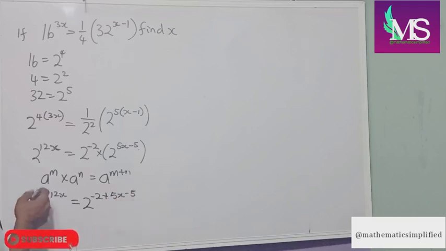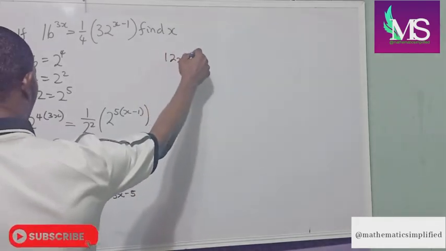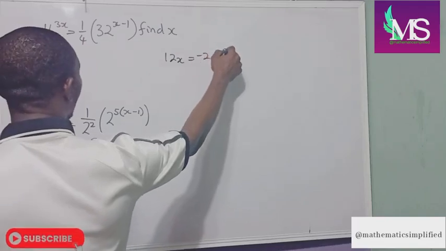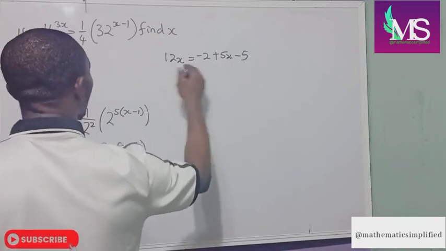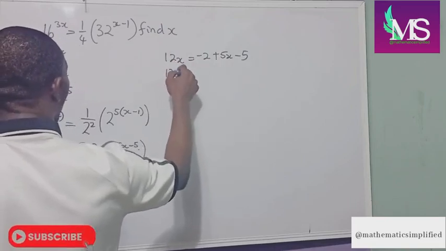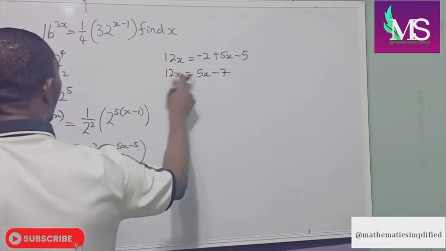Okay, so our bases can now cancel out, leaving us with 12x equals minus 2 plus 5x minus 5. So this and this will have us as 12x equals 5x minus 7.